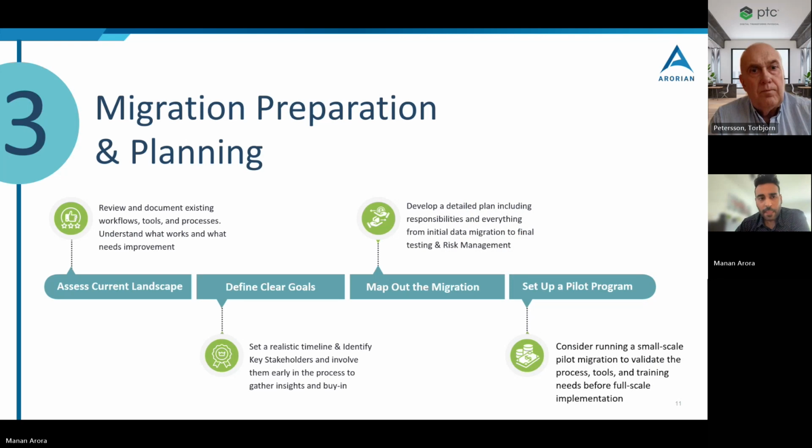Okay, this is the second step. Once we have decided which migration approach suits your needs, the next step is to plan and prepare the migration. Planning and preparing involves evaluating your current landscape to understand what complexities and dependencies you have. Transitioning from one ALM system to a new one is a great opportunity to evaluate and refine your current setup.